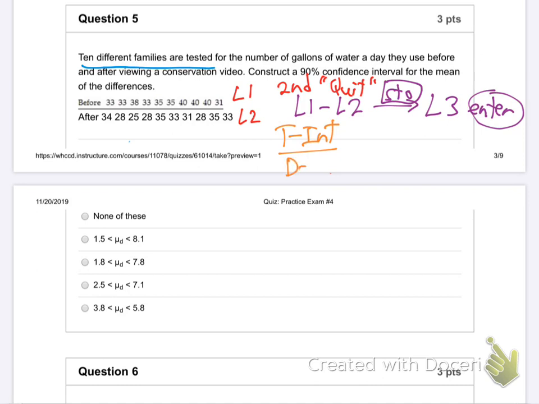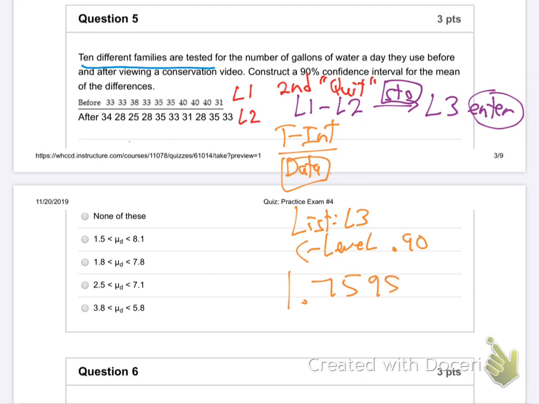Choose data, because we have a bunch of data, and make sure your list is L3, because that's where the data set is now. Your confidence level looks like it's 90%. Calculate. I'm getting 1.7595, comma, 7.8405. So it's this one right here. And there we go.